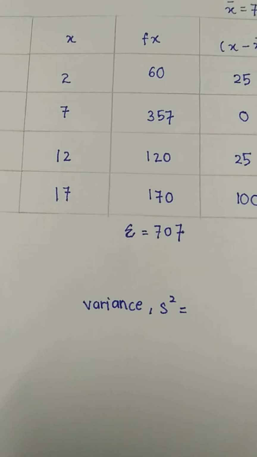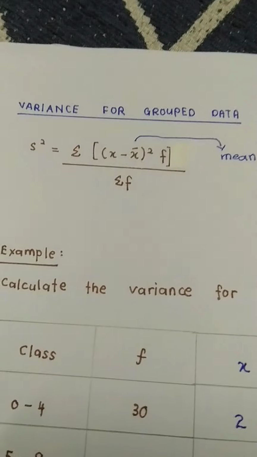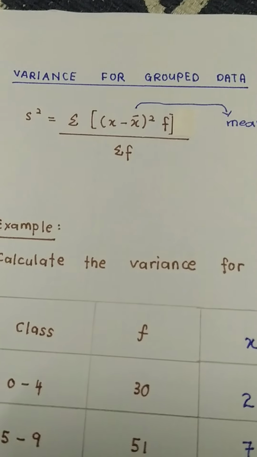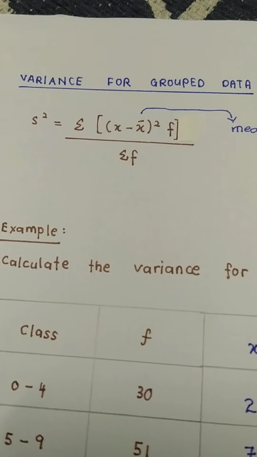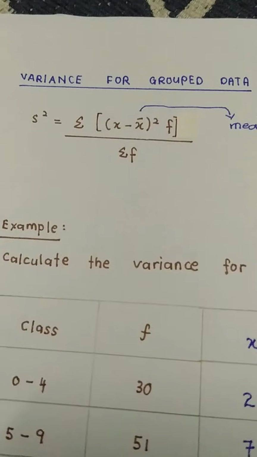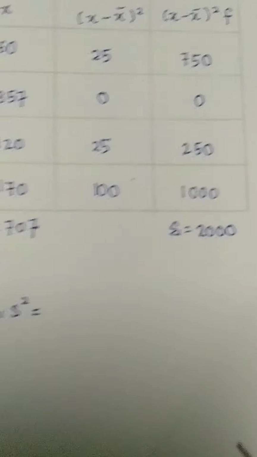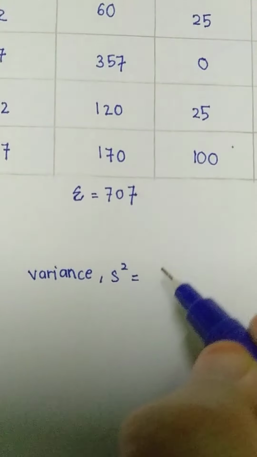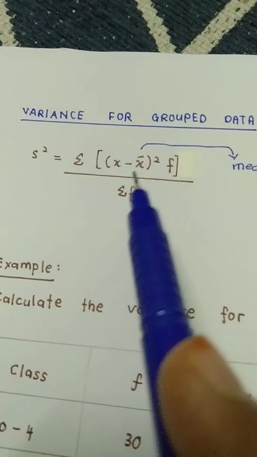Therefore our variance s square is equal to the summation of (x minus x bar) square multiplied with f, which is 2000, divided by the summation of f.